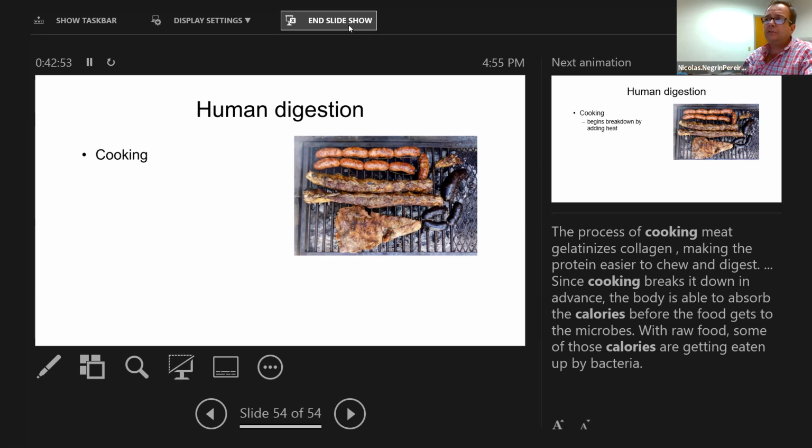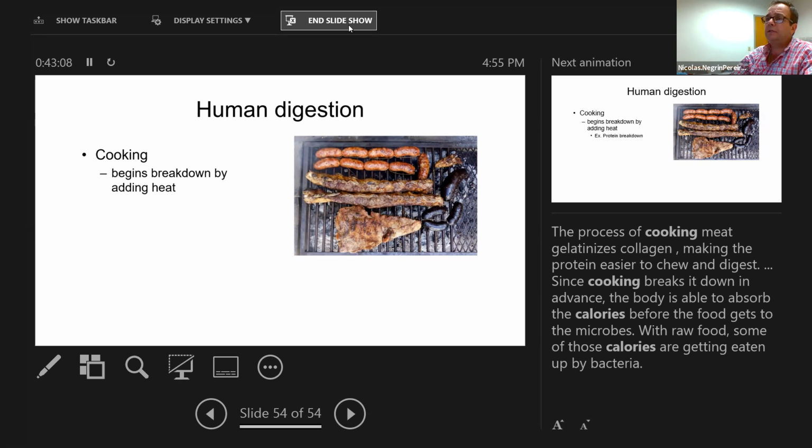In the case of raw food, of course, it can be digested as well, but those calories will mainly not be very useful for the host and will be used more by the bacteria in the digestive tract.